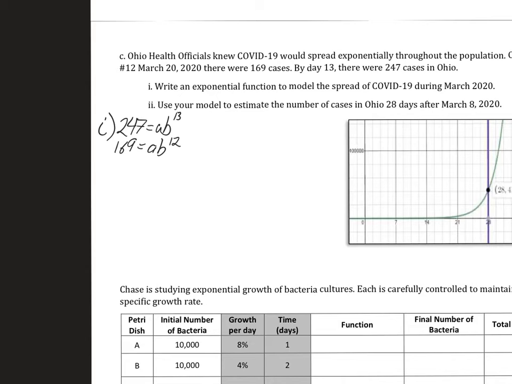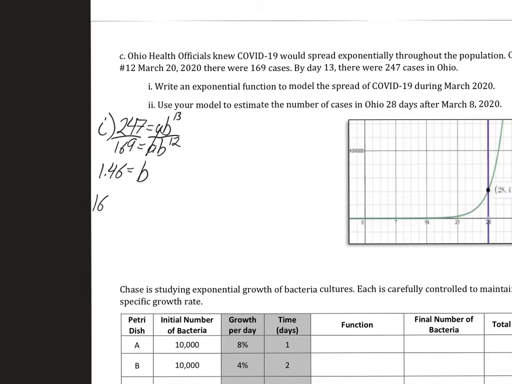Okay, so now we're going to divide both of those. 247 divided by 169. I can't really get a very easy fraction from that, so I'm just going to put 1.46 equals, the a's cancel, 13 minus 12 is 1, so equals b. So 1.46 equals b.